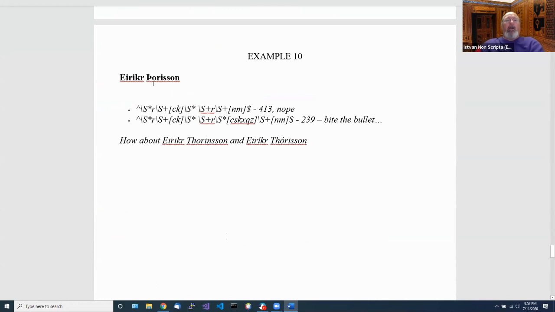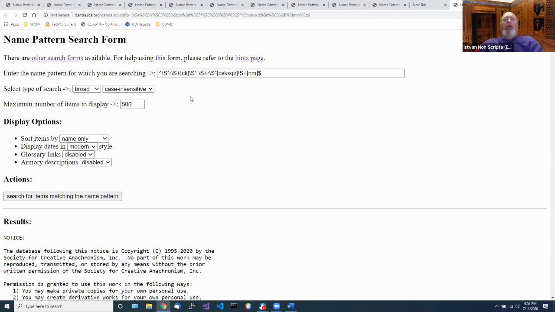And then we have here Eric Thorson. This one has too many. We'll go and look at this one. So the leading vowel sound, the R, the whatever the CK is called, I forget what the term for that is, and possibly characters after, because the R at the end of the Norse Eric is sometimes pronounced and sometimes not.